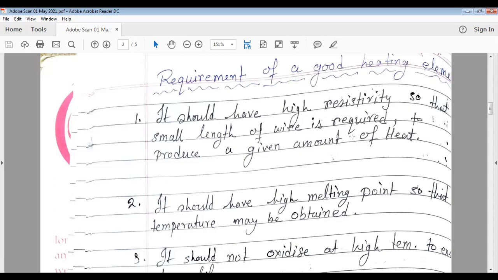So a small amount of wire may produce a high amount of heat. You have seen the nichrome wire. Nichrome wire is one of the best elements, not the least. It is used for your heater purpose and for your furnace purpose. Some furnaces you have seen, where gold is melted, or where a small amount of metal is made for laboratory purposes. There are furnaces where an electric heater is used.